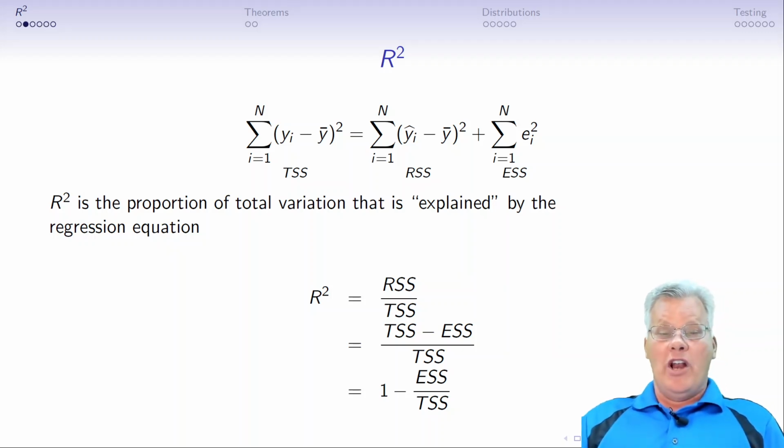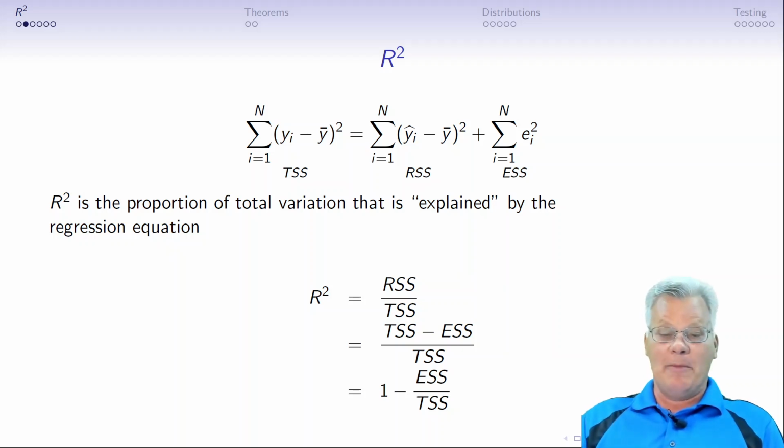Now, r squared, which is the proportion of total variation that's explained by the regression equation, is RSS, the regression sum of squares, divided by the total sum of squares. So it's literally the proportion that's explained. What I could do is substitute in for RSS, TSS minus ESS.